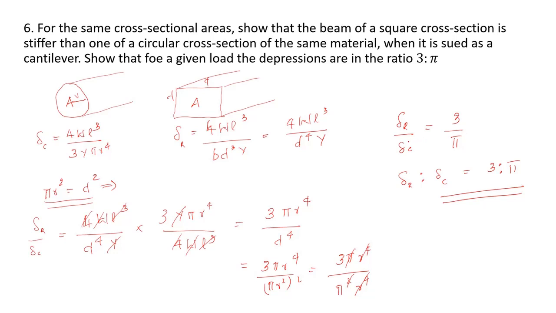Therefore, depression in the case of a circular beam, delta c, is higher than that of delta r. Depression caused by a circular beam is higher than that caused by a rectangular beam, which in turn means that a rectangular beam is stiffer than a circular beam of similar cross section.